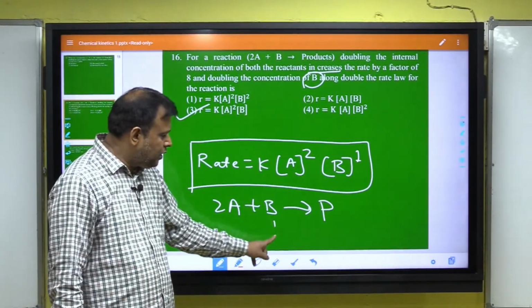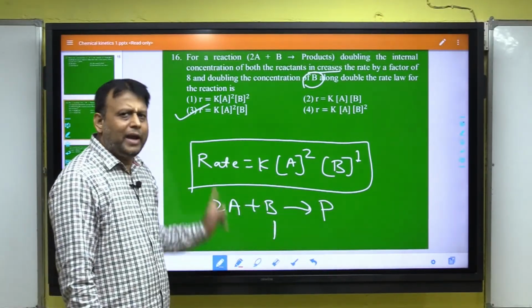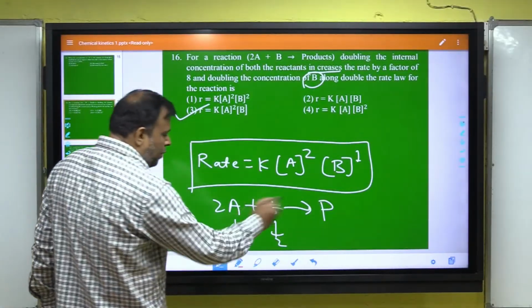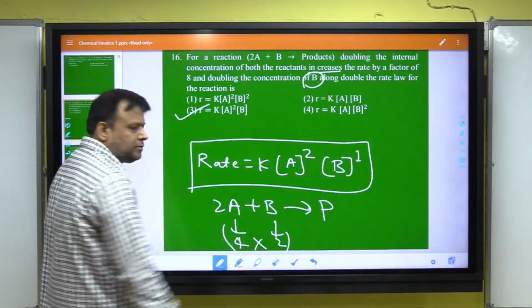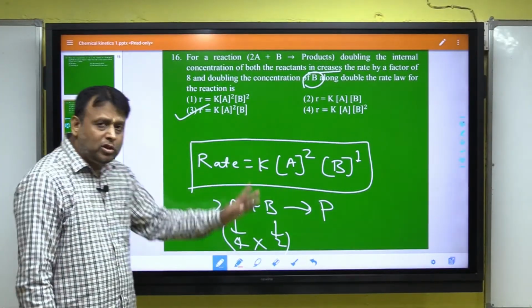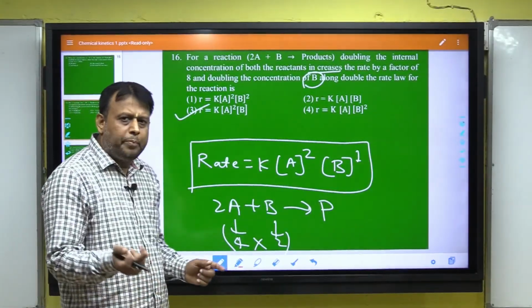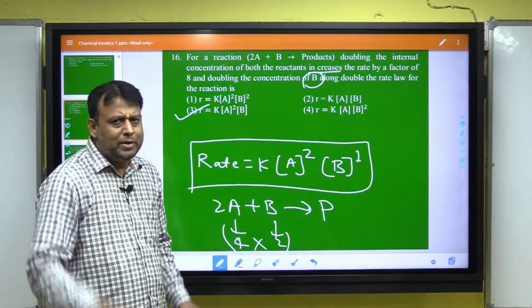So when due to B it is 2 times and overall 8 times, then due to A it must be 4 times, since 4 times 2 is 8. When the concentration of the reactant doubles and the rate becomes 4 times, the order will be second.